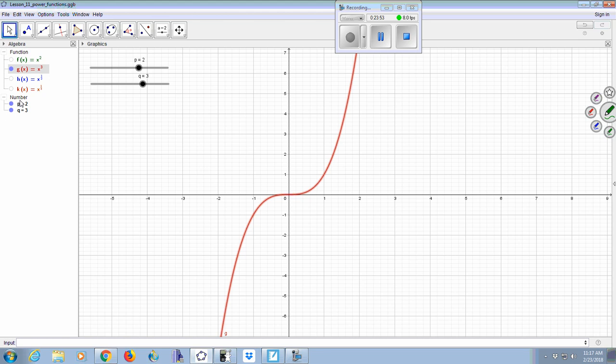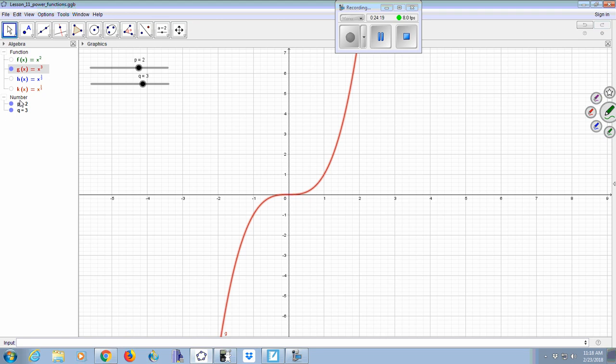It's always increasing from negative infinity to positive infinity. Every single step of the way, the output values are increasing. To the left of 0, it is concave down. To the right of 0, it is concave up.